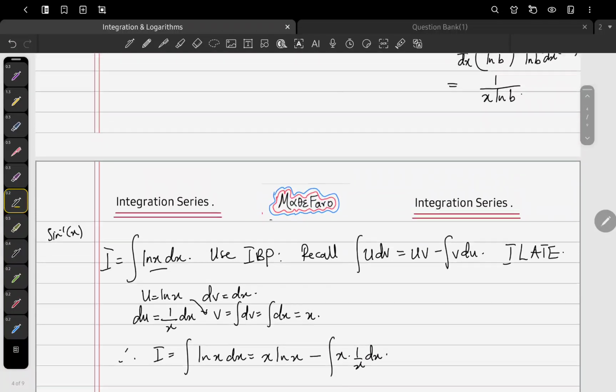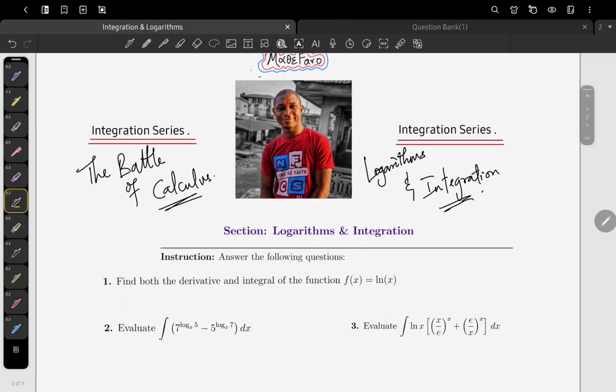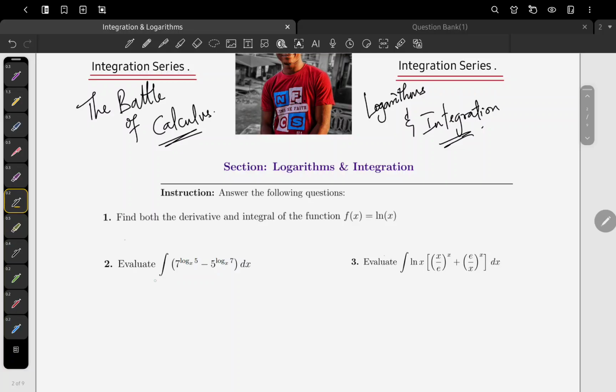So we found the solutions to the 3 questions we have here. The first one, the derivative d/dx of that is 1 over x, and the integral is x ln x minus x. The second one, the integral of this is just 0 plus c, and the integral of this is just the guys in the brackets.